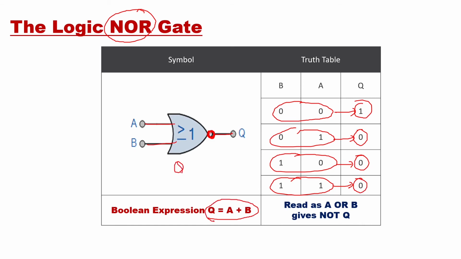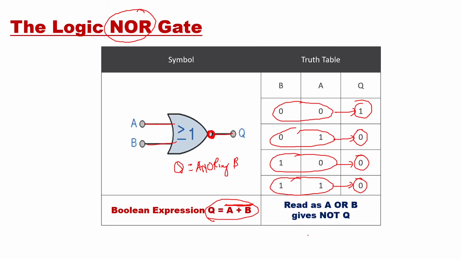So here you can see this will be the expression for ORing. The output Q will be A NORing with B. Here the output Q is the OR inverted, so you can read it as A or B gives not Q. So you are going to do NORing.